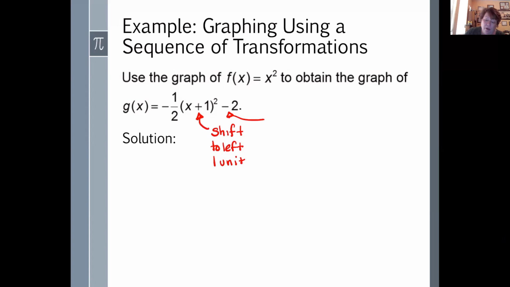That -2 is going to be a shift down 2 units. I have a 1/2 outside here. That means I am going to vertically shrink this by 1/2, so each y coordinate is going to be multiplied by 1/2. So that's a vertical shrink.